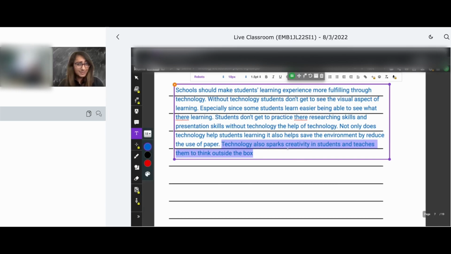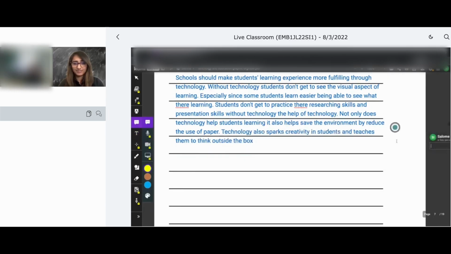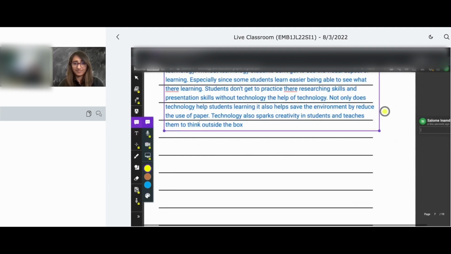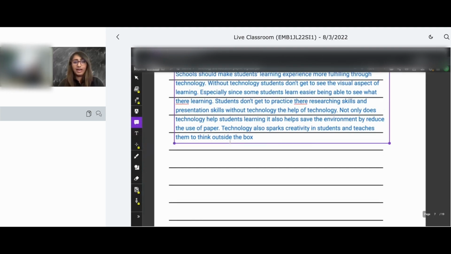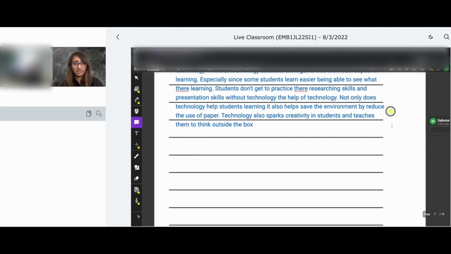Let's rephrase this just a little bit. How would you rephrase this sentence? Technology helps kids be more creative on learning, on how to learn. Sure. While that is true, I want you to rephrase it as a problem. So if technology sparks creativity, then what happens if there's a lack of technology?